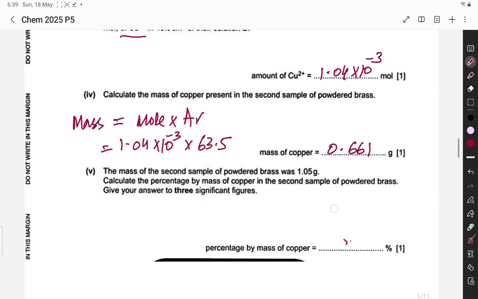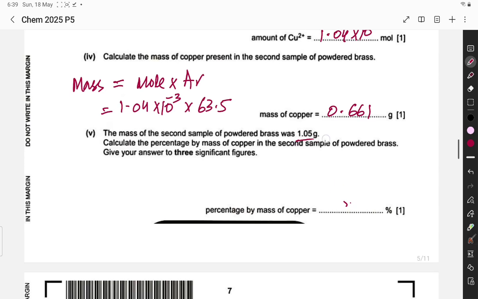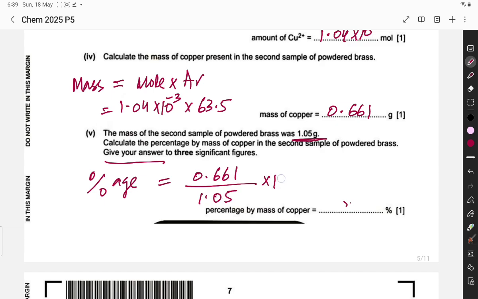The mass of the second sample of powdered brass was 1.05. Calculate the percentage mass of copper in the second sample of powdered brass. Give your answer to 3 significant figures. Percentage is equal to 0.661 divided by 1.05 times 100. This is 63.